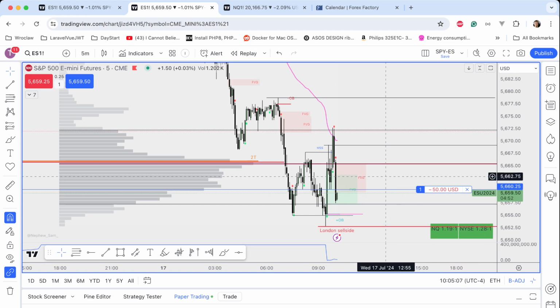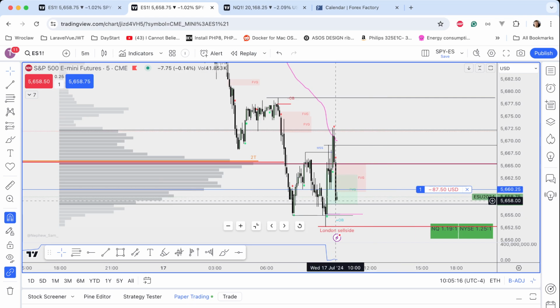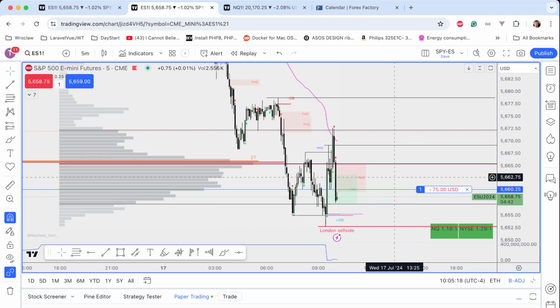Okay, let's see a little bounce. We closed very bearishly on this 5 minute, but it doesn't mean anything. I could close this whole thing and try to catch that lower.